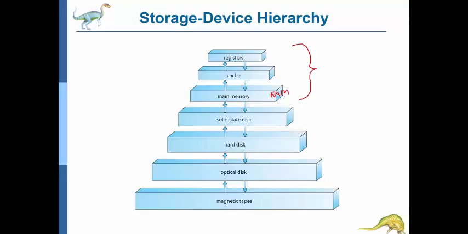Somebody has 8 gigabytes, and all the storage here, you might have 1 terabyte. So definitely not all the data in the storage can be loaded on main memory, right? 8 gig is too small.